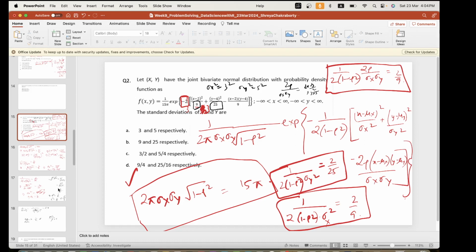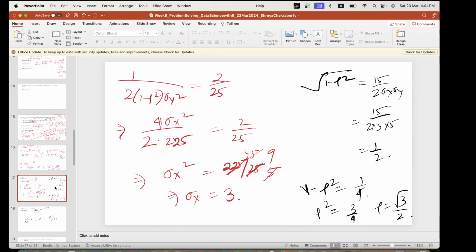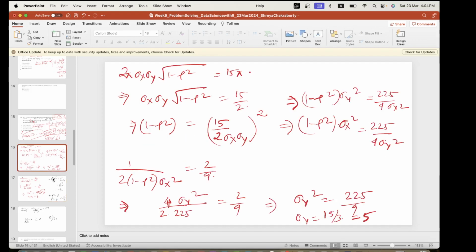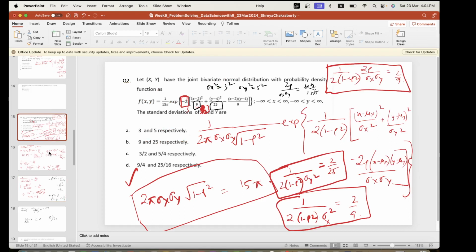Maybe I'm confused. So even if we include this, is it holding true? This equation, let's say.